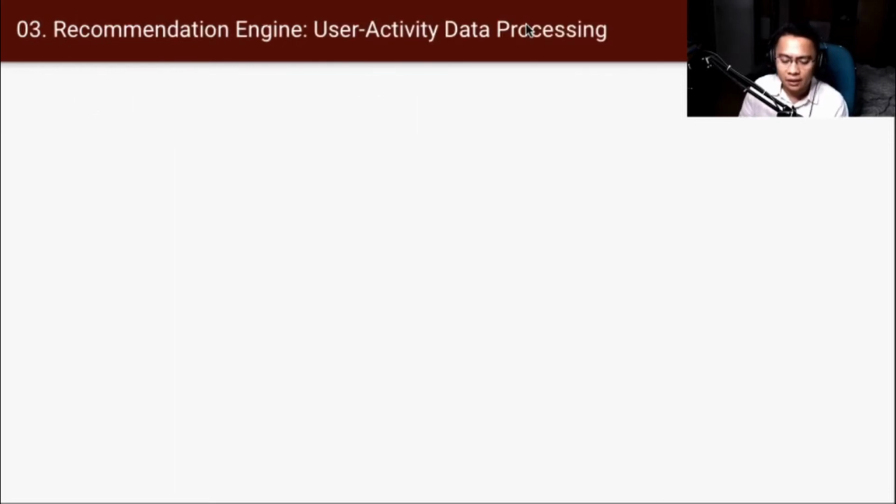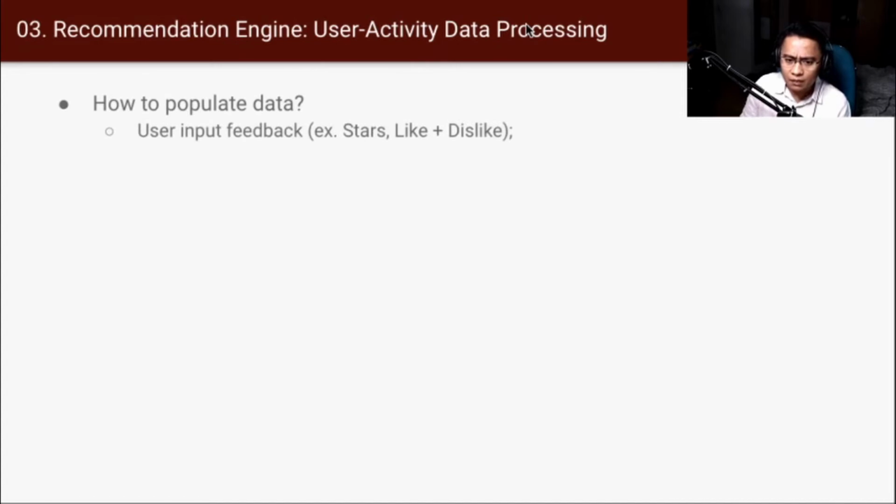Now we need to answer the hardest question: the recommendation engine. First, we need to answer the question of how we're gonna score videos and how we're gonna track user activity. So, how to populate the data to be fed into the recommendation system.